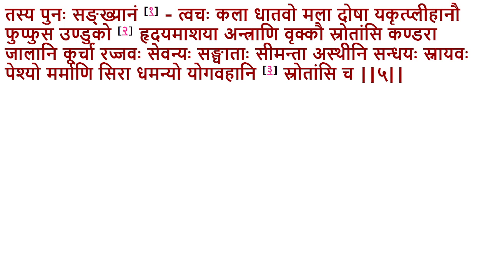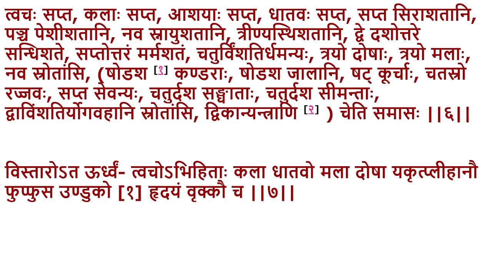Then the different organs like Yakrit, Pliha, Pupphusa, Unduka, Hridayam, Amashaya, Antrani, Vrikka, Srotamsi, Kandarah, Jalani, Kurcha, Rajjavah, Sevanyah, Sanghatah, Simantah, Asthini, Sandhayah, Snayavah, Peshyah, Marmani, Sirah, Dhamanyah, Yogavahani Srotamsi. The structures named are different, either visceral organs or suspensory structures of the body, and their details will be studied in due course in the same chapter. We will be discussing more about these organs as we go further.